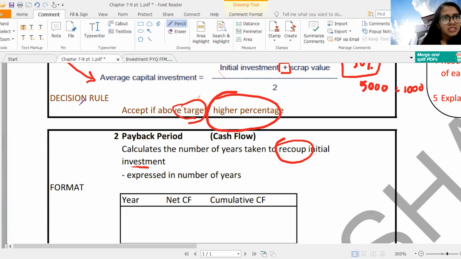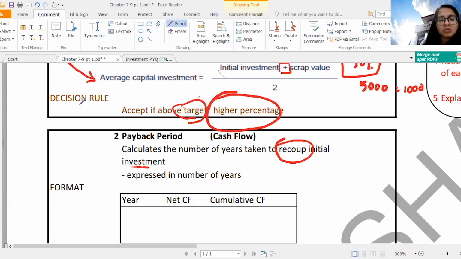All right, so my question to you: is it better if you take a longer time to recoup your investment, or is it better if you take a shorter time to recoup your investment? Obviously, it's better if you take a shorter time, because it means your project is giving you back the amount that you have invested faster than you expect.